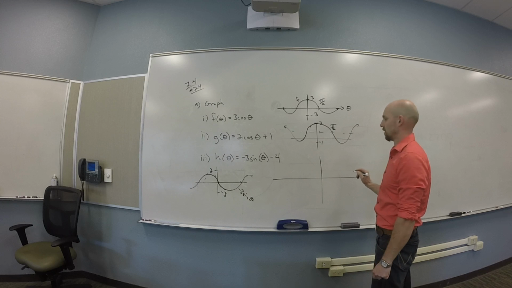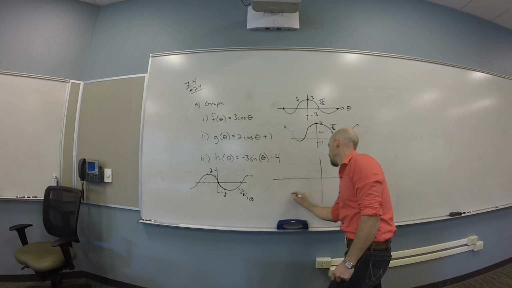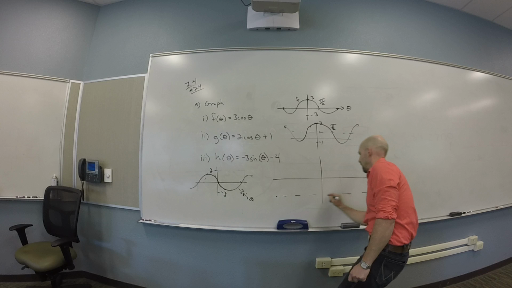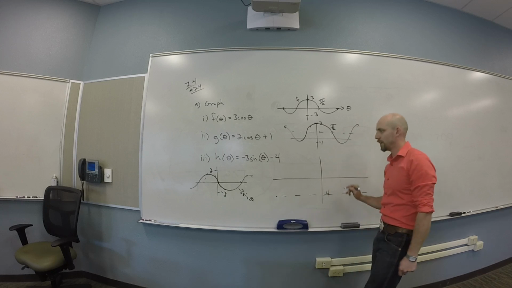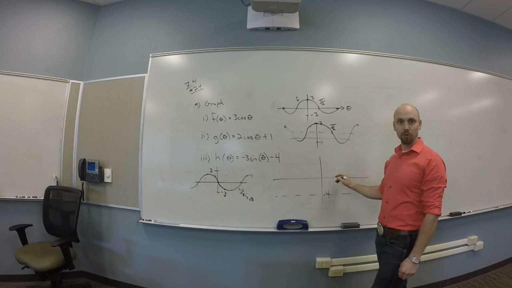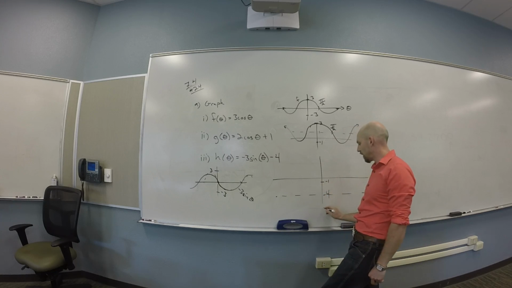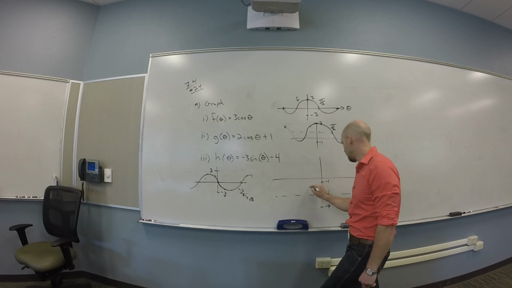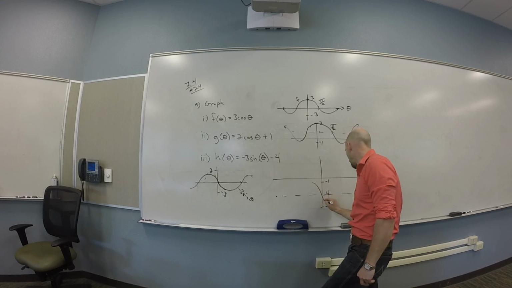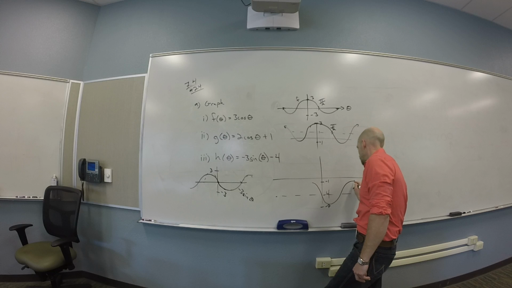Yeah, negative. Okay, so the midline's going to be at negative 4. And then it's going to go up to negative 1 and down to negative 7. And then we have to make our sine curve.